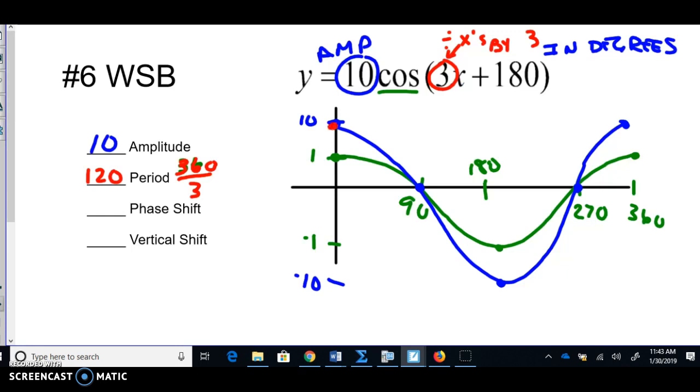So this point stays, because its x is 0. Blue point, that's at 90. 90 divided by 3 is 30, and I'll try to do this to scale. Take this low point, divide its x value, which is 180, by 3, and it's at 60.